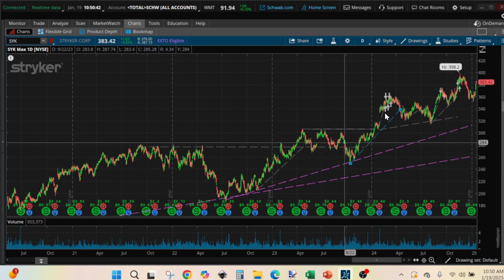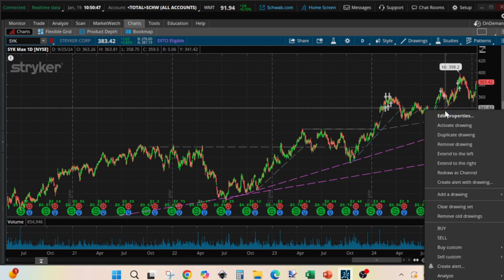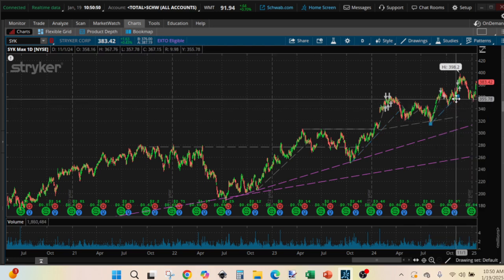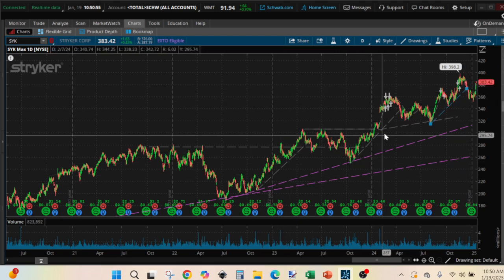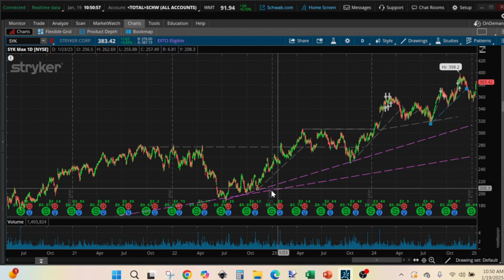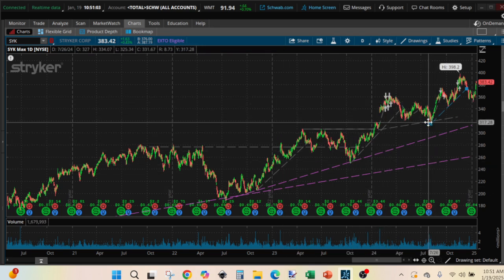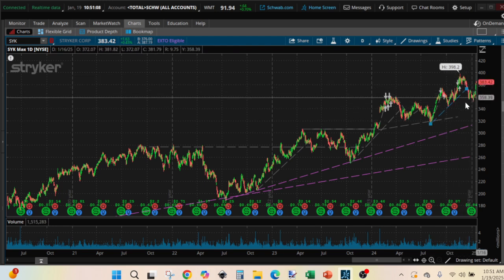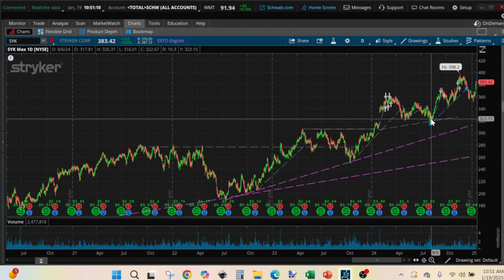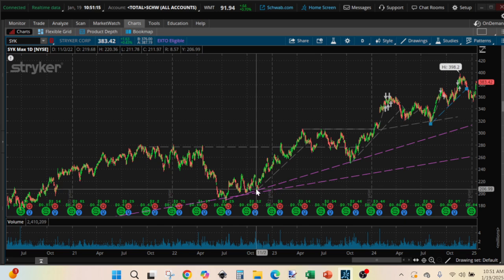So it's like 3 mountains, but I don't know if that means anything at all, because it didn't fall back, it fell back even higher. So this low here is higher than this low here, higher than this low here, higher than this low here. So technically, let's see if we trace a low from here.